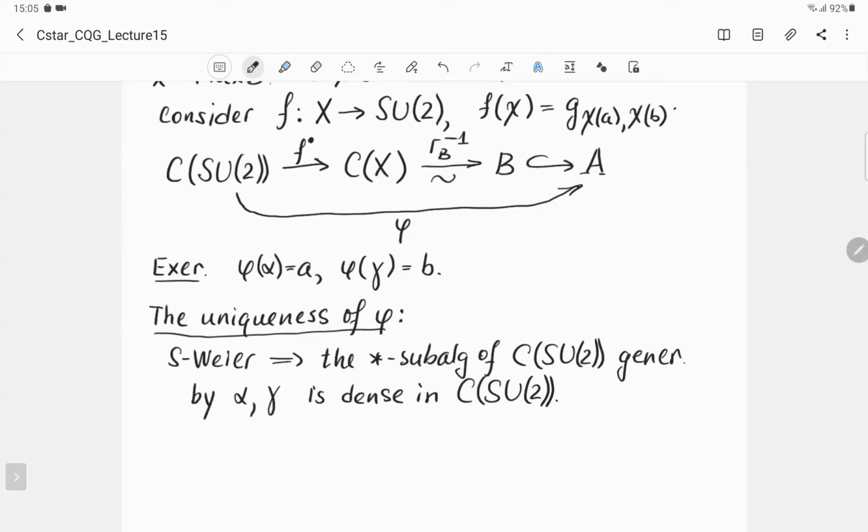And this completes the proof. So this shows that a homomorphism phi, which takes alpha to a and gamma to b, is unique.